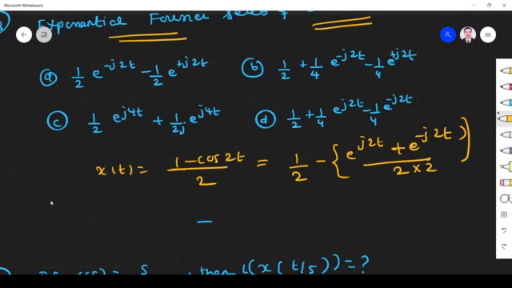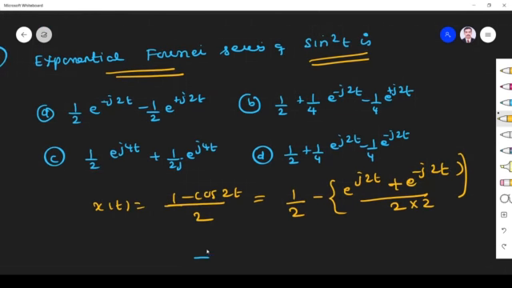So it becomes 1 by 2 minus 1 by 4 e power j 2t, and minus 1 by 4 e power minus j 2t.